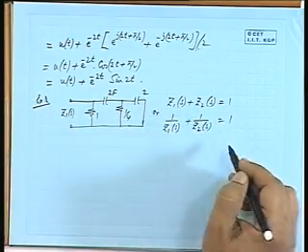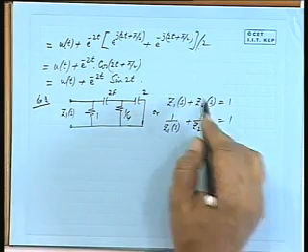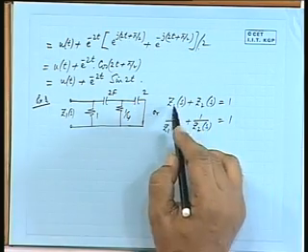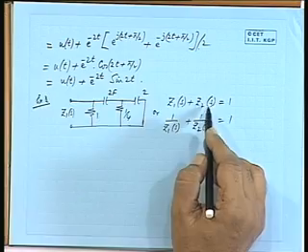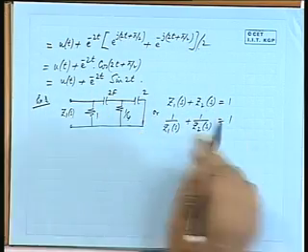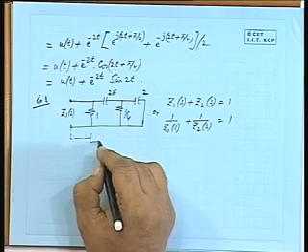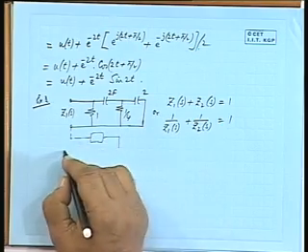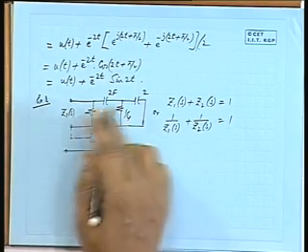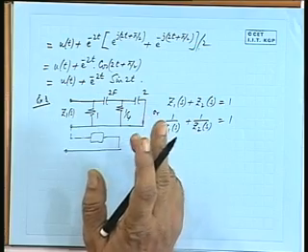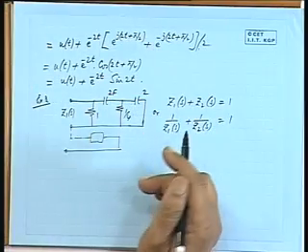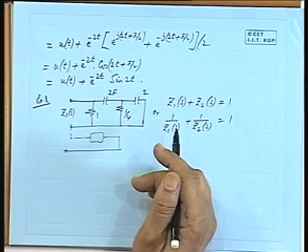Which one is possible and what will be the structure? Is it possible to find out another network Z2S such that if I put this Z2S in series with this, I should get 1 ohm? It may or may not be possible. Or in parallel with this, I should get 1 ohm.